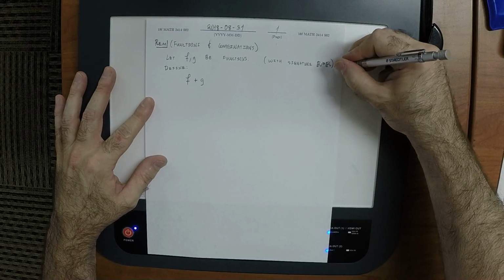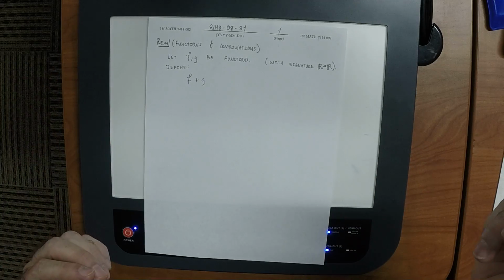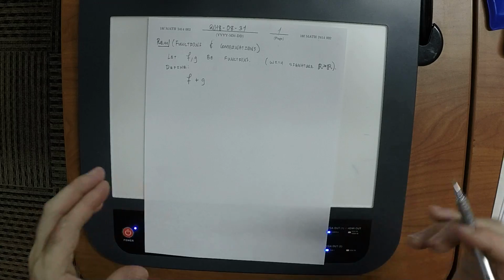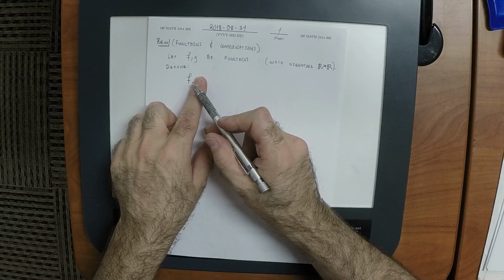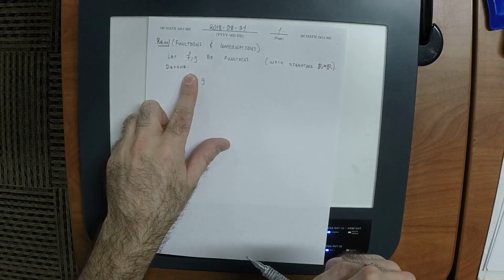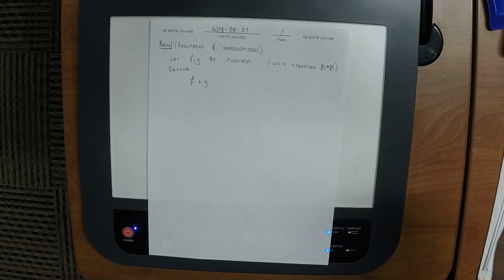So they accept a real input and produce a real output. We want to make a new function, f plus g. It will have the same signature, because it needs to be the same kind of object as each one of these. The thing on the left is a function of signature reals to reals, the thing on the right is a function of signature reals to reals, so the combination should be a function of signature reals to reals.